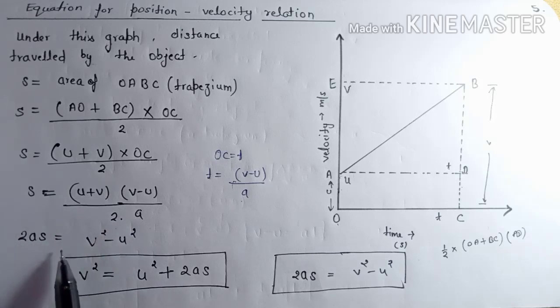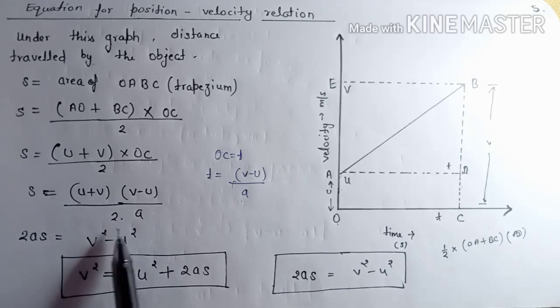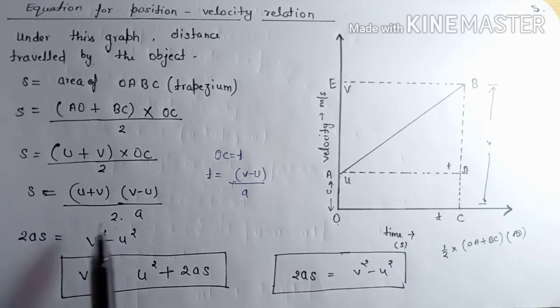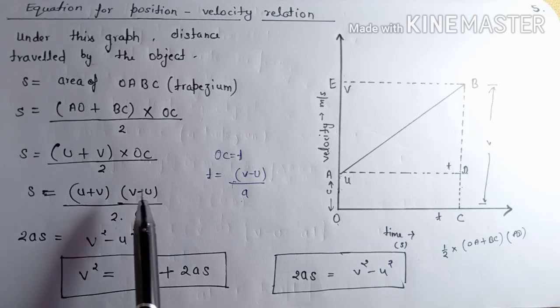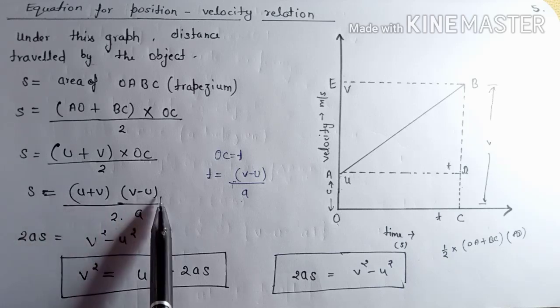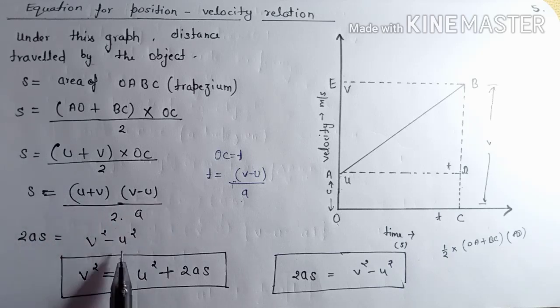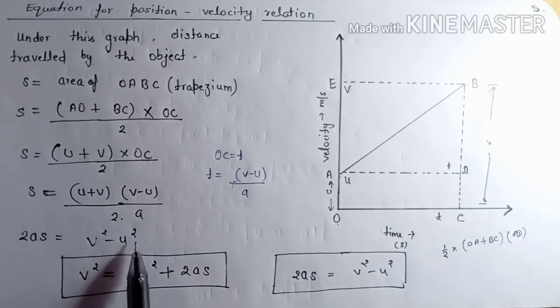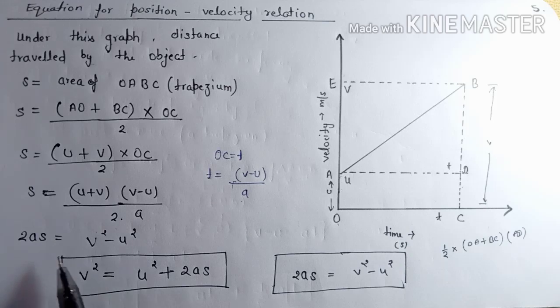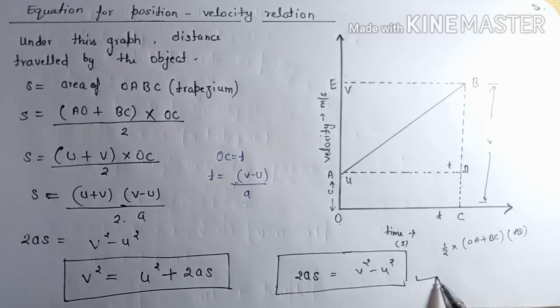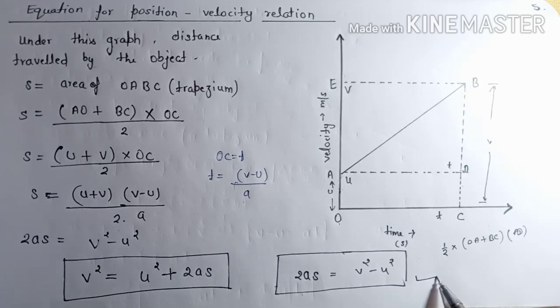Now when you transpose the 2 and A, 2AS is equal to A plus B, A minus B. Apply the same formula, you get V square minus U square. This can be written as V plus U into V minus U, so V square minus U square is equal to 2AS. So you can write V square is equal to U square plus 2AS, or 2AS is equal to V square minus U square. And this is the third important equation from the equations of motion.